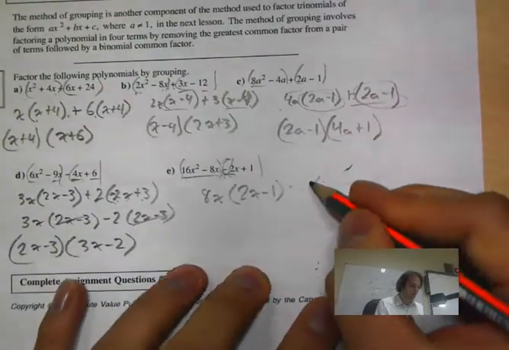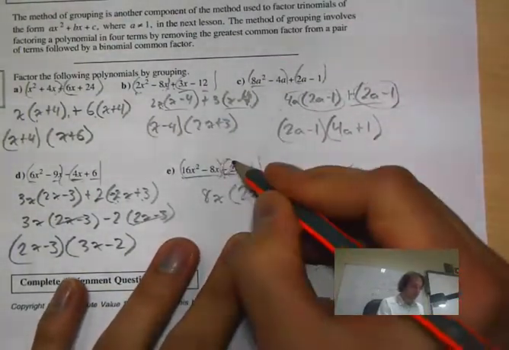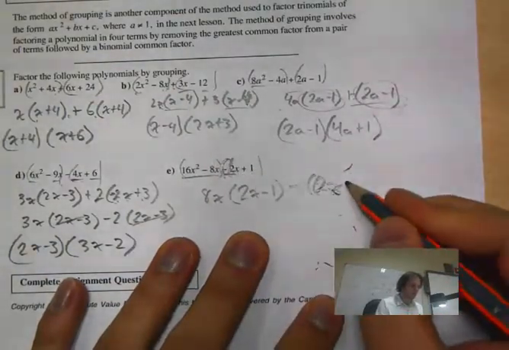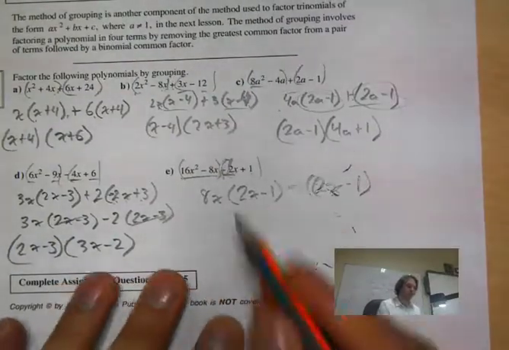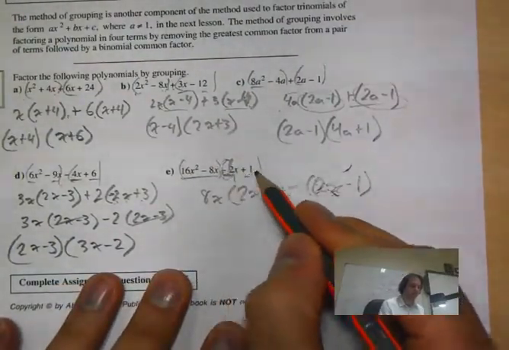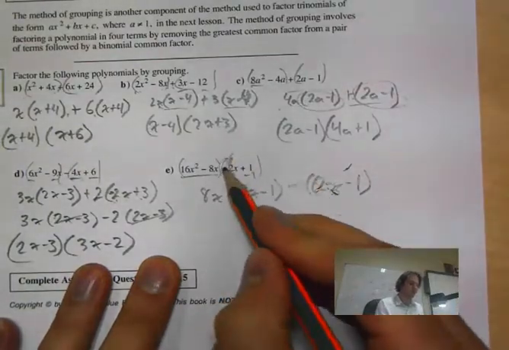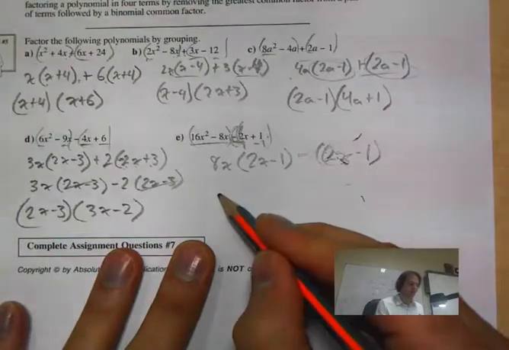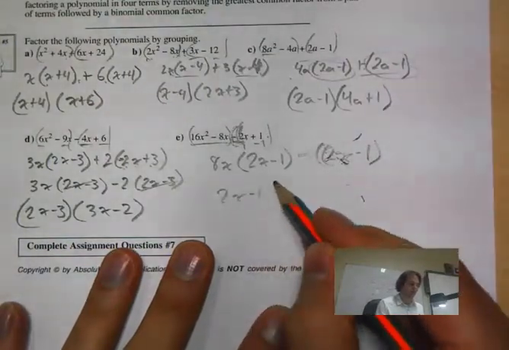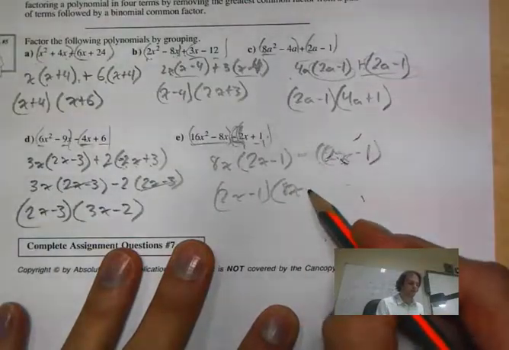And we have minus bracket 2x, and subtract 1. Why? Because I divided everything here by negative 1. If I put the brackets here, that negative is multiplied into both. So now, we have 2x subtract 1, and we have 8x minus 1.